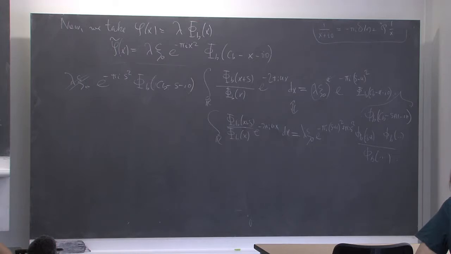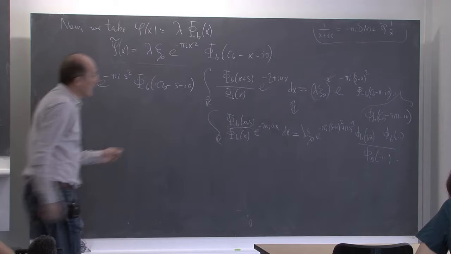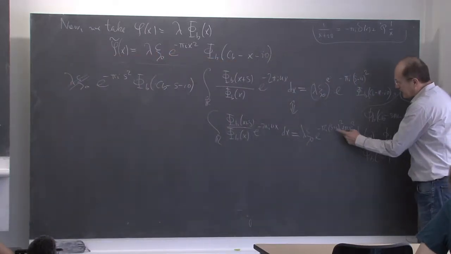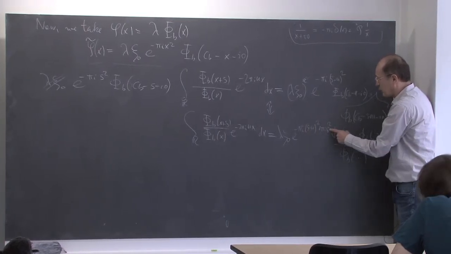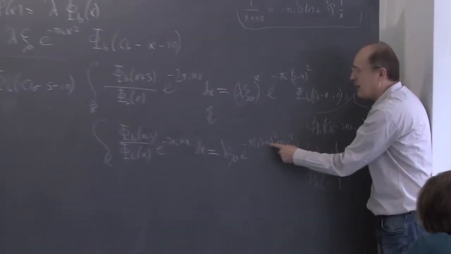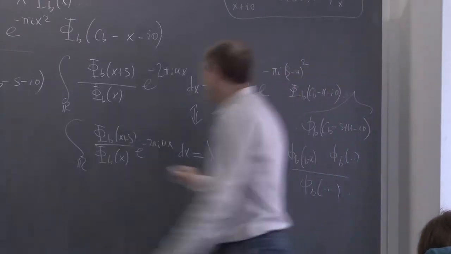So the same arguments, right? I will not write them explicitly, but I'm going to simplify this. If we expand, then s squared goes away, because it is with opposite sign. There will be a mixed term, but the mixed term we can remove also by transforming the integral a little bit differently.